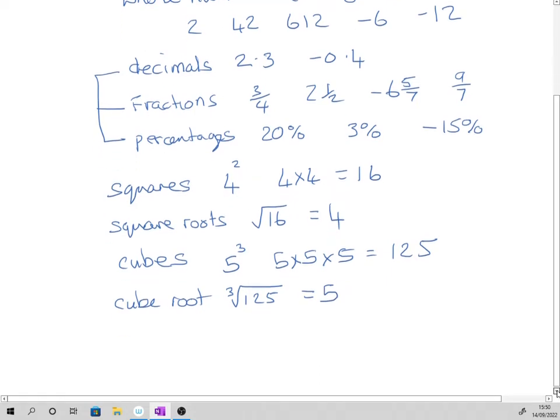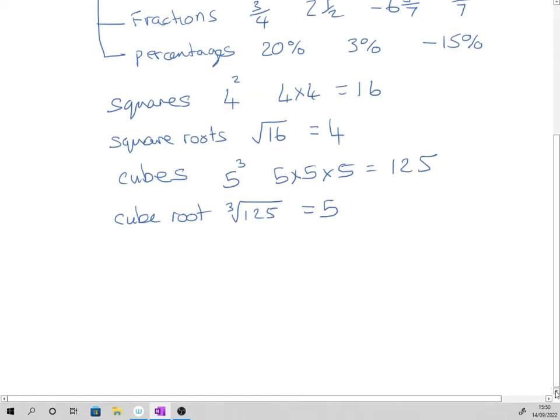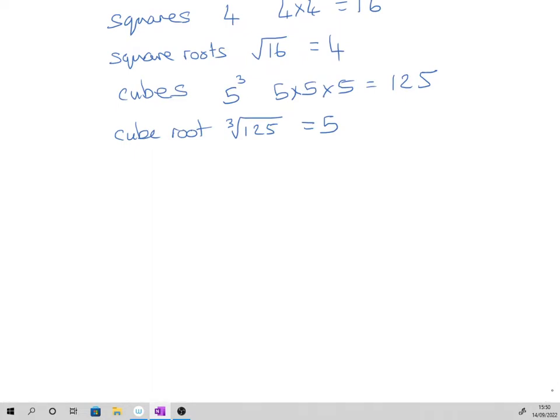Now let's have a look at this. We've got something called surds, and if we know that the square root of 16 equals 4 and the square root of 25 equals 5 times 5, which is 5.